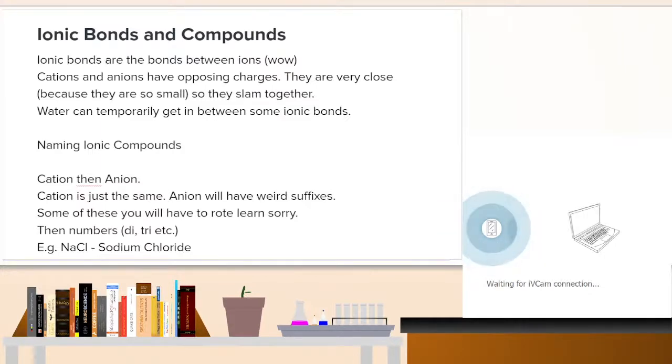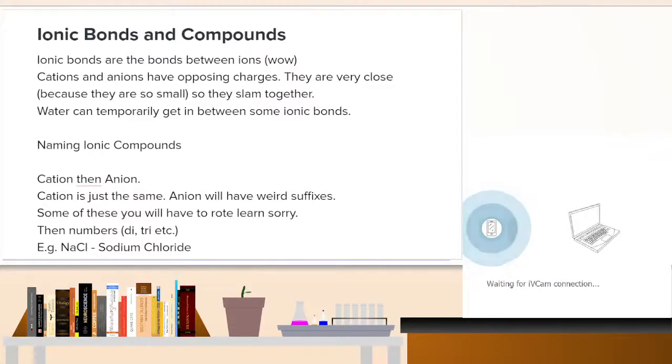Sometimes water can get between them and separate those. You've been learning about that in the other internal we've been teaching you on chemical reactions, right? But in general, those ions stick together because of their opposing charges.